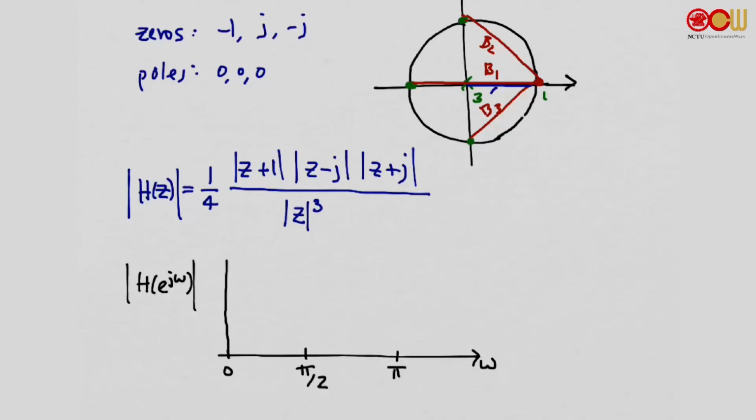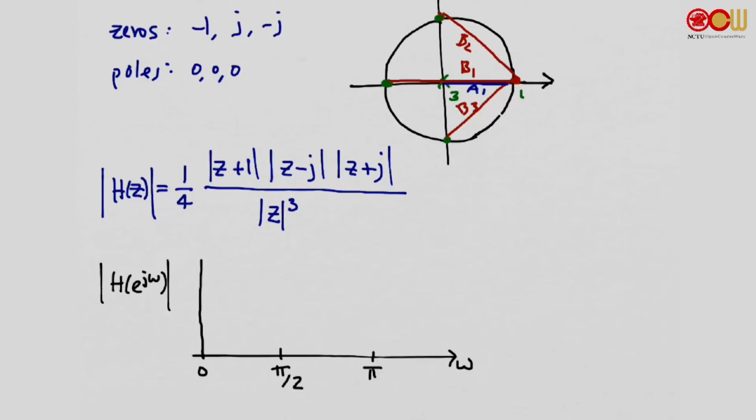This would be A1, A2, and A3. They are all the same, and in this particular case A1, A2, A3 are all equal to 1, so they don't have any effect. Then we will have a value for the magnitude at omega equal to 0.